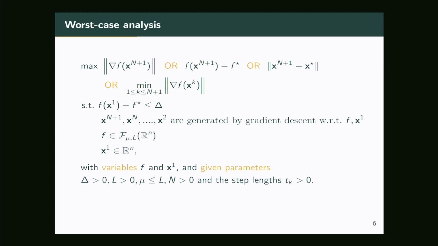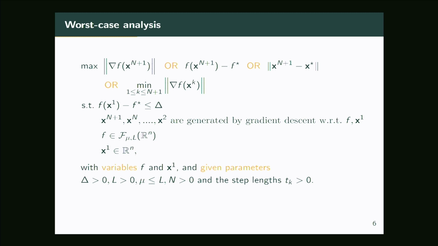So we can say the worst case scenario is obtained if f is such that the gradient after n steps is a maximum, or if the distance in function value from optimality is a maximum, or if the distance from the minimizer, the global minimizer, is a maximum, or sometimes it's appropriate to use a weaker notion of the convergence of the gradient norms to 0. So this corresponds to just saying that there would be a subsequence of points for which the gradient norm converges to 0. Okay, so these are all legitimate possible criteria for defining what we understand as worst case performance for the Cauchy method.